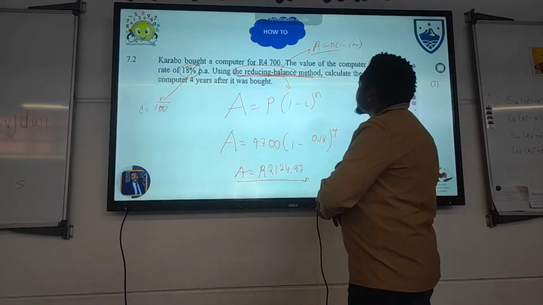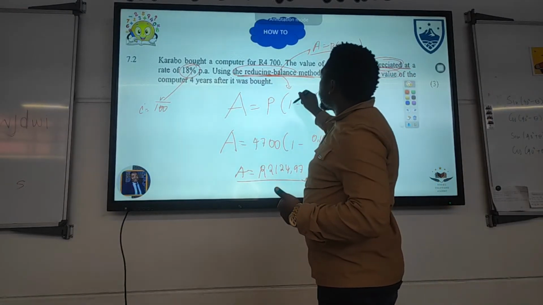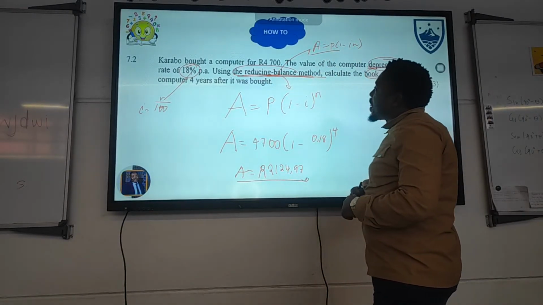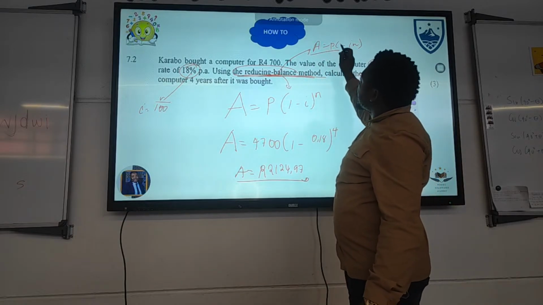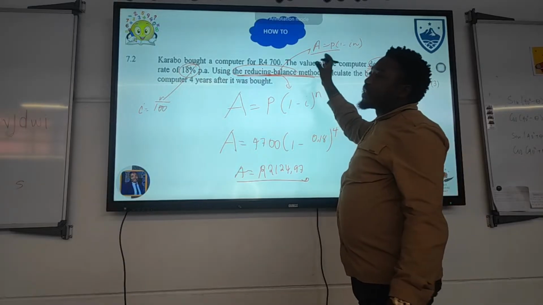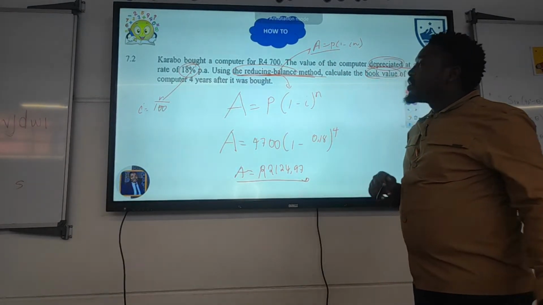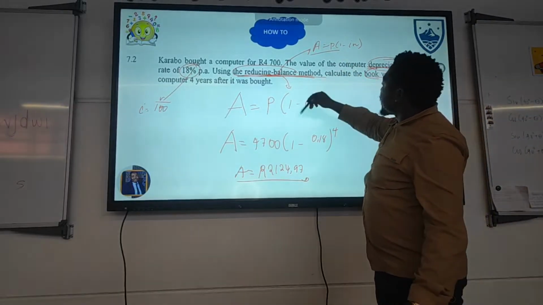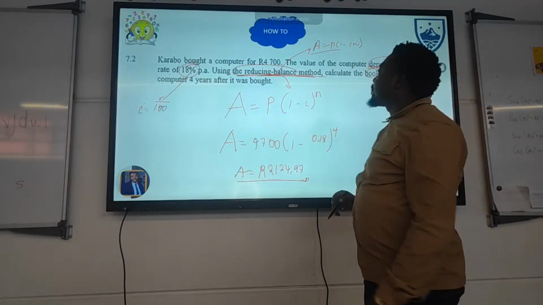Hope this makes sense. Every time you look for the keyword reduction balance method, we use the exponential one. If they say a straight line, or simple, you know that you're going to use the one which is linear, and this will always give us a straight line, and this will give us an exponential curve.